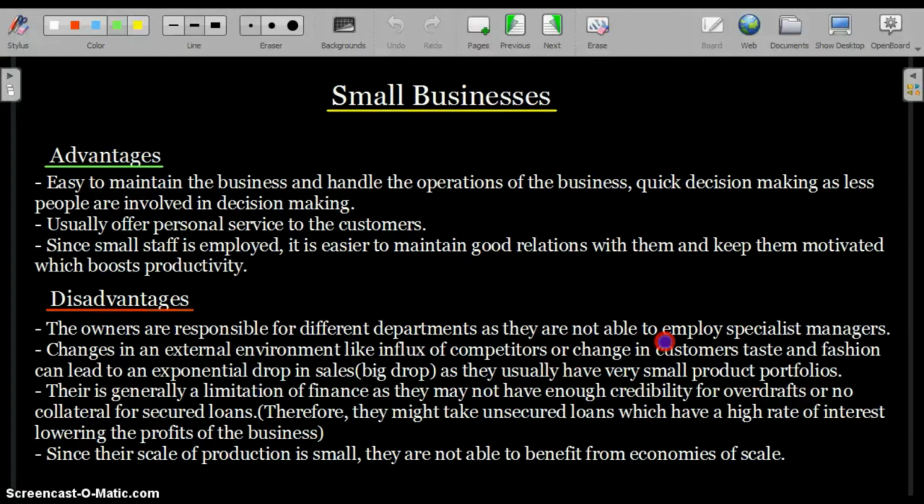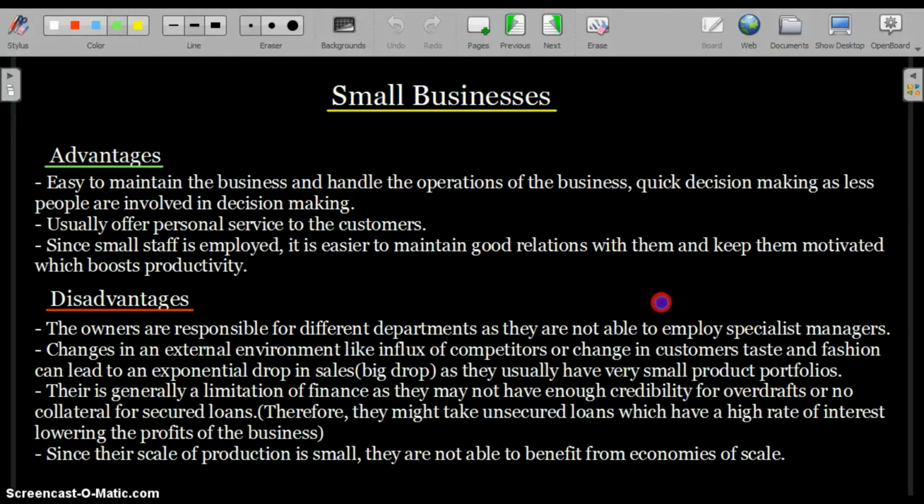You don't have many specialist managers. You have to handle accounts yourself, marketing yourself, research and development yourself, operations yourself, and you also have to motivate employees yourself. So that becomes an issue.